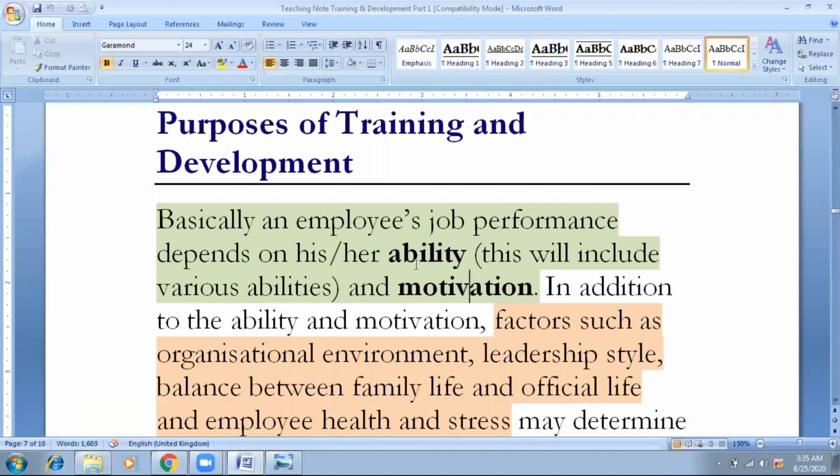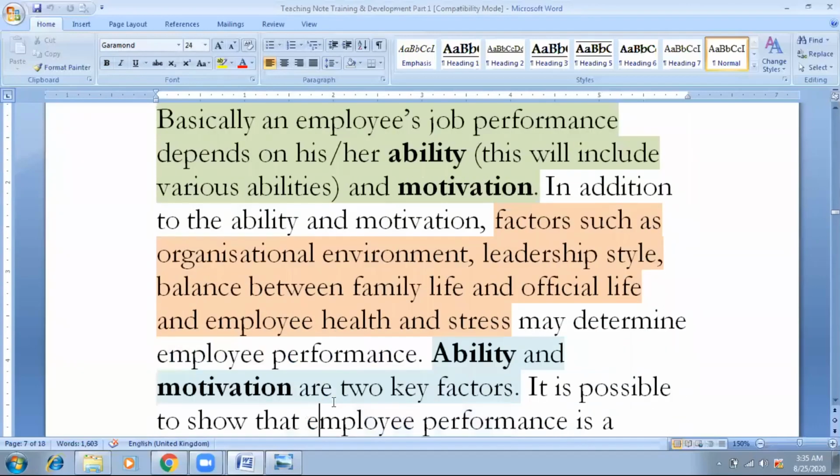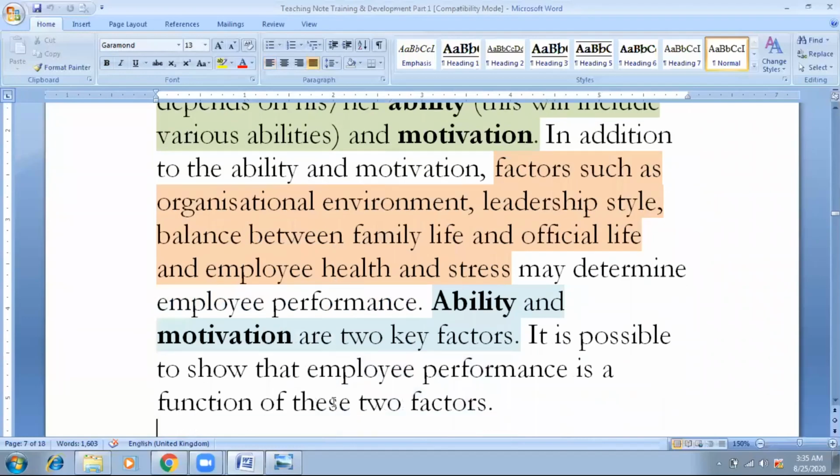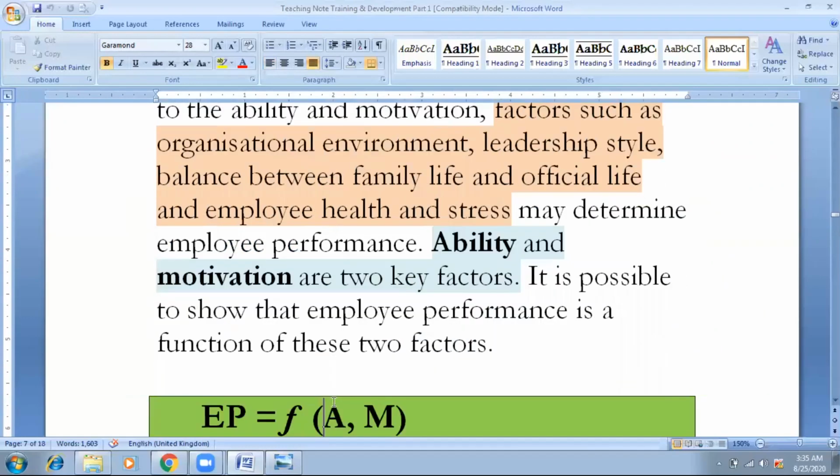Then the motivation. These are two main factors which determine employee job performance. In addition to ability and motivation, factors such as organization environment, leadership style, balance between family life and official life, and employee health and stress are other factors which determine employee performance. Ability and motivation are two key factors.